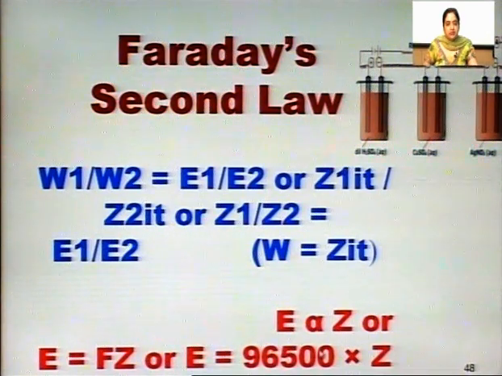E is directly proportional to Z, or E is equal to FZ, or E is equal to 96500 into Z.